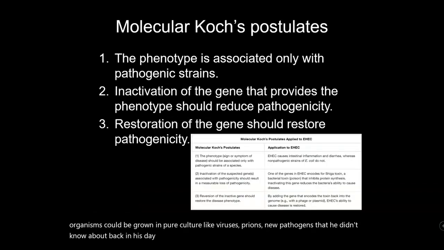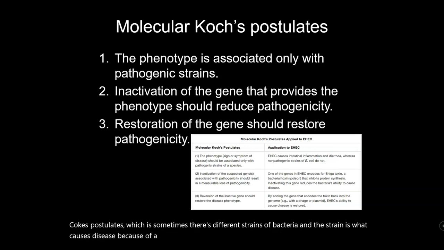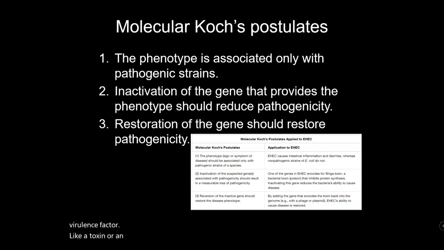So nowadays we've taken it a step farther and we have molecular Koch's postulates, which is sometimes there's different strains of bacteria, and the strain is what causes disease because of a specific gene that that strain has that allows them to produce a specific virulence factor, like a toxin or an exoenzyme or an adhesin or something along those lines.